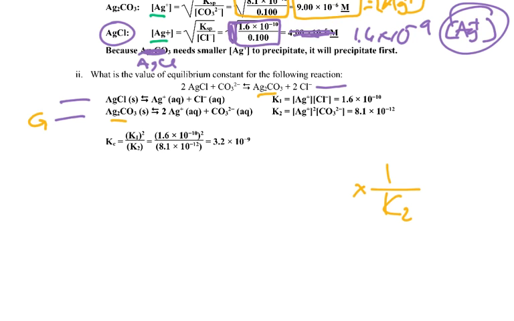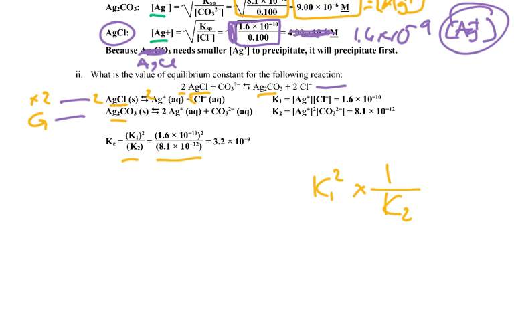My K1 looks pretty good. The AgCl is on the left, but there's two of them. So I'm going to have to double this whole equation. And if I double it, that means I have to square the K1. So I want K1 squared times the inverse, 1 over K2. So the final answer is going to be K1 squared over K2.